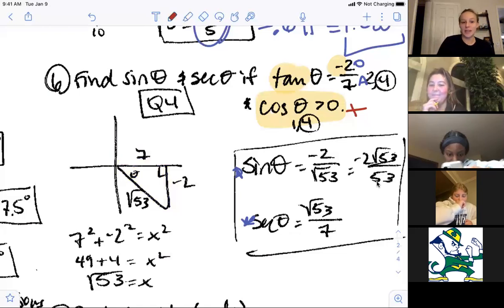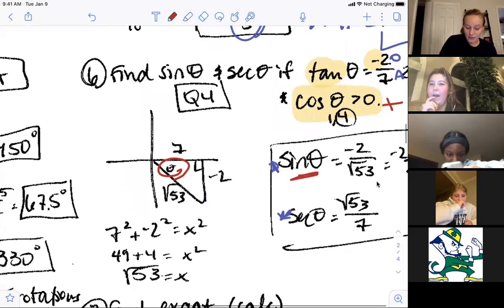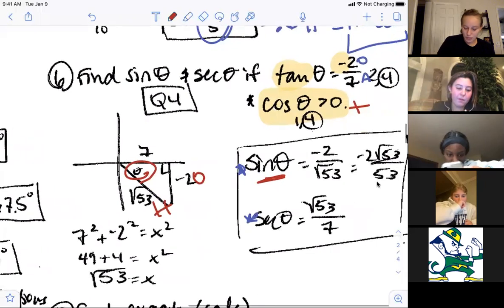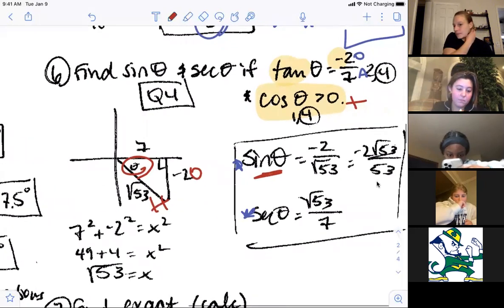So these answers come from this: this is my angle, and it says I want sine. Sine is going to be opposite over hypotenuse. So I just did -2 over root 53. I won't take off for rationalizing, but I did it all the way across. I multiplied by root 53 on both top and bottom, which is how I got that.